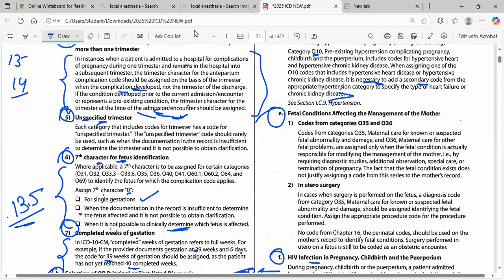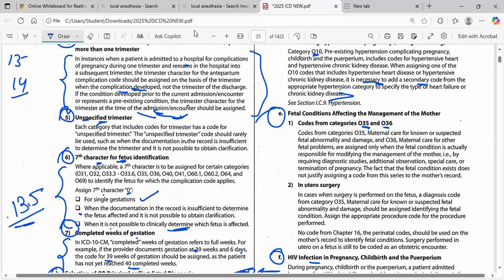So if there is a fetus condition, you have to use O35 and O36 codes. O36 and O35 will represent the fetus having the condition. So whenever the fetus has a condition, we have to use a code from series O35 and O36.